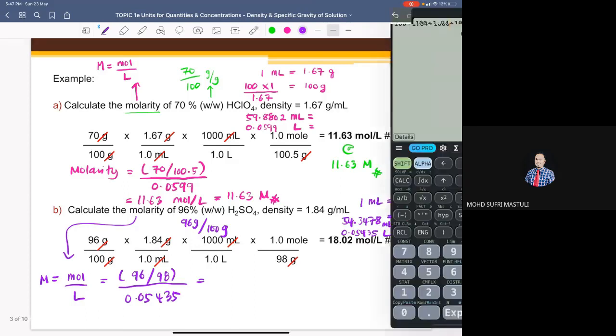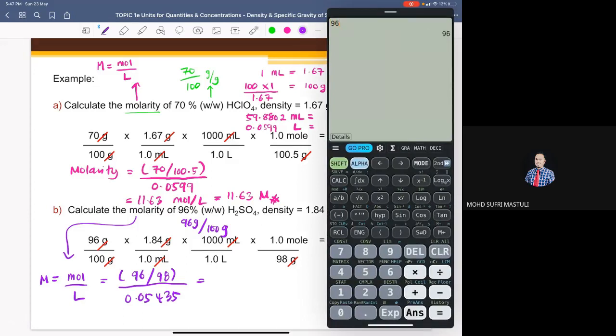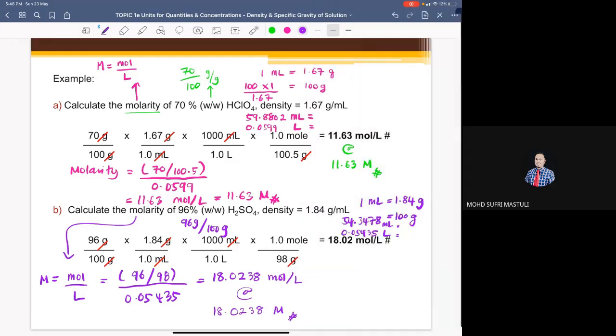So you can get 96 over 98 over 0.05435. So you get 18.0238 mole per liter, or 18.0238 molar. So it's the same like this.